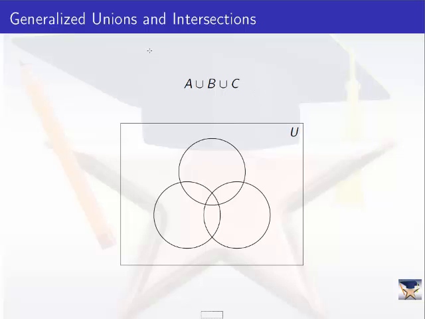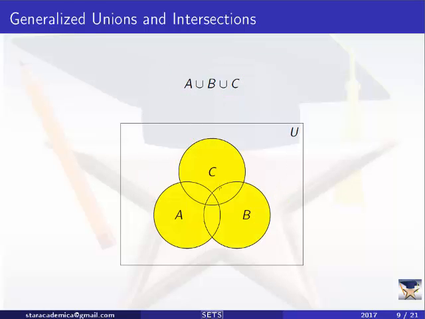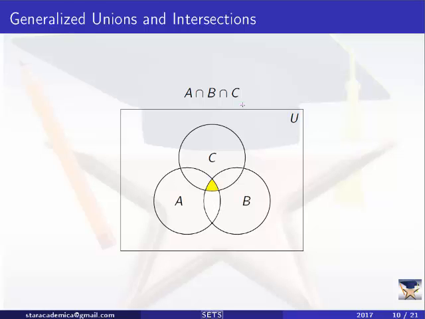Okay, next we may have more than two unions or intersections. For example, if we have the sets A, B, and C, like this, and the union, what is the union? It is these three all together. You put them together, and the intersection will be this tiny part which belongs to all three sets.